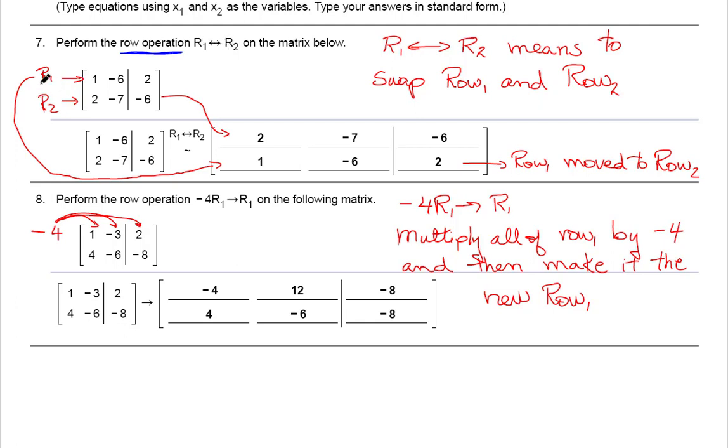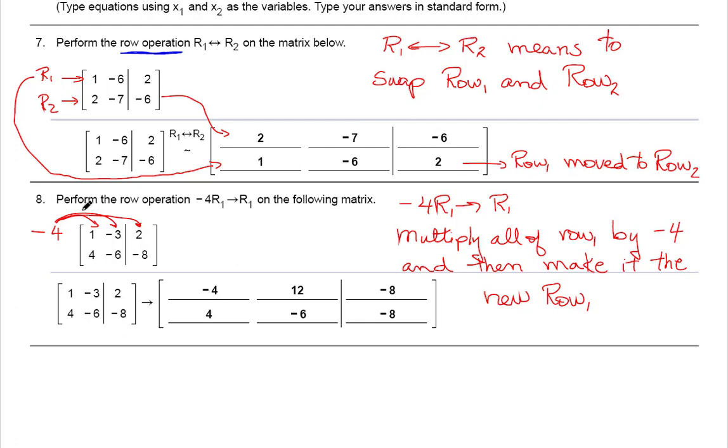So you see, here was row 1, 1 minus 6 and 2, and when I swap them, it comes here into the second row. Don't change any signs, don't change any order, just swap the rows. And row 2 now becomes row 1.